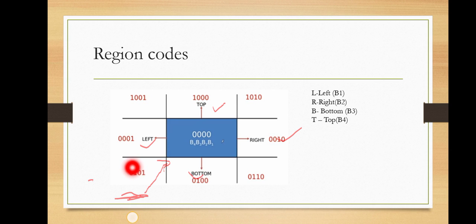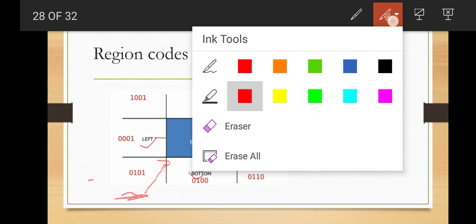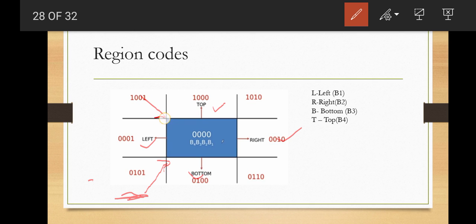Similarly you can compare this region. This region is above the window as well as on the left side, so the left bit is 1, right bit is 0, bottom bit is 0 and top bit is 1.